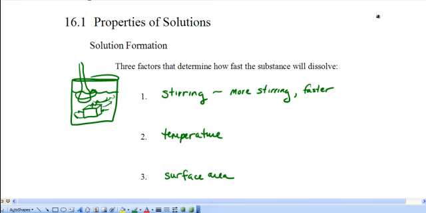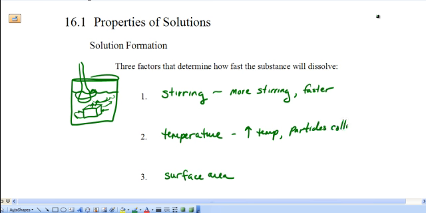Now, in terms of temperature, temperature is related to the speed of the particles. So when you increase the temperature, particles are colliding with a solute harder.